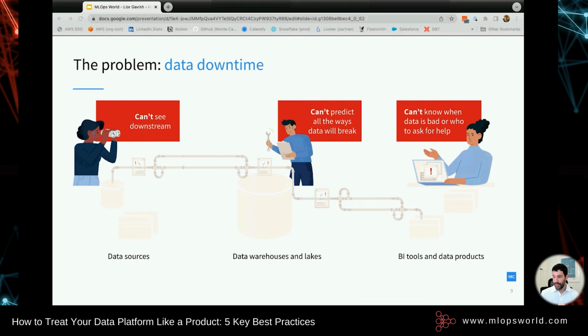You can't really deal with data downtime if you don't know that it happened, and if you don't have the right tools to address it. And I'll talk a little bit about that. But the point I want to make is this is a critical part of a great data platform and a service that every data team can use when using your platform.